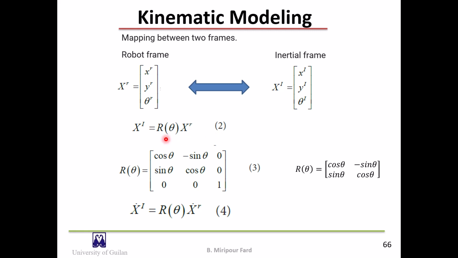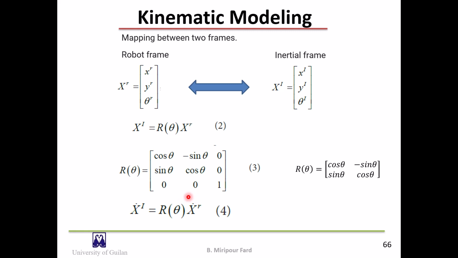Here the rotation matrix is denoted by R, and it is an orthogonal matrix. We can drop the third row and third column of R and use this matrix to convert the coordinates on the plane.